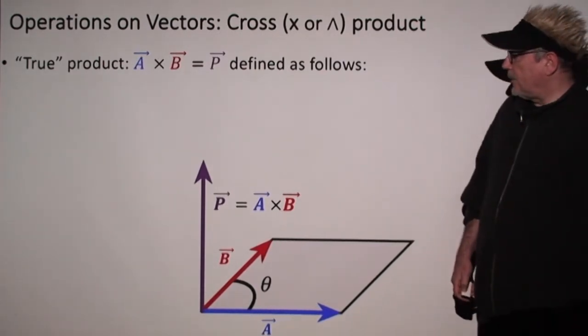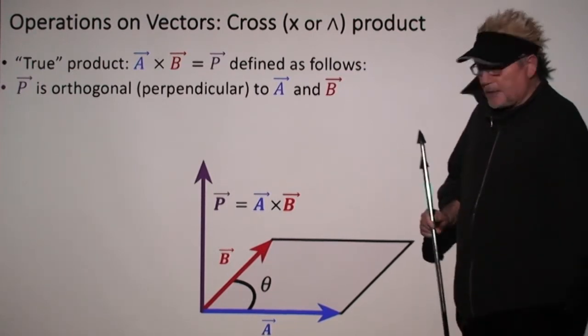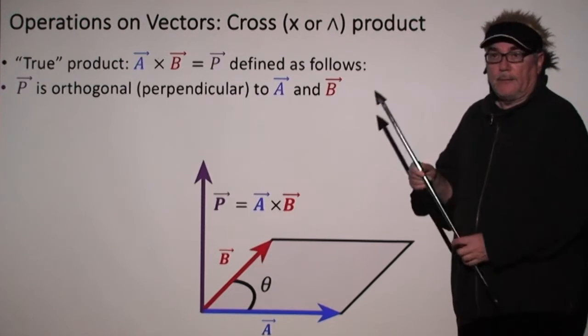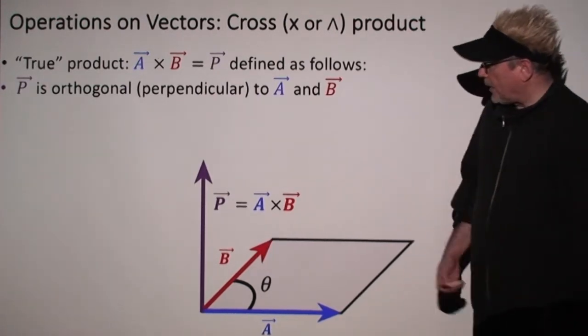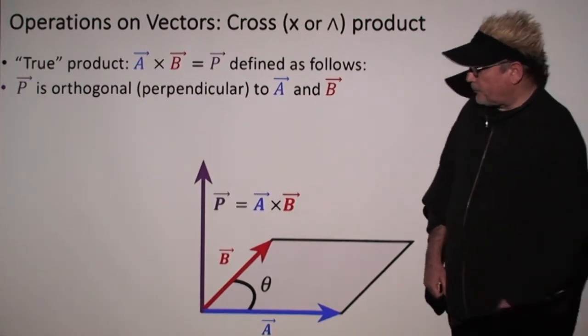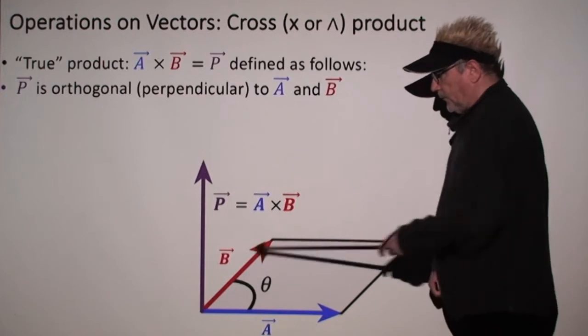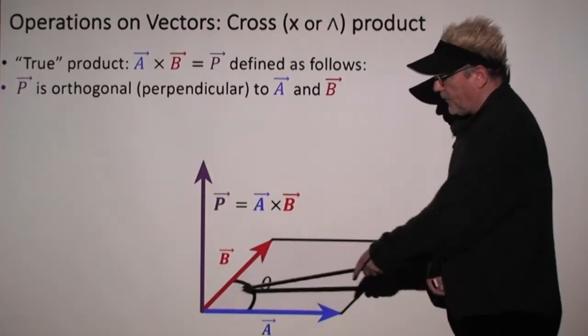Now, by definition, what I mean is that we're going to define the direction of that vector, the sense, and also, of course, the length. And so let's start with the direction. Well, by definition, the cross product is always orthogonal to the two vectors. What that means is that it's perpendicular to the plane that they define.